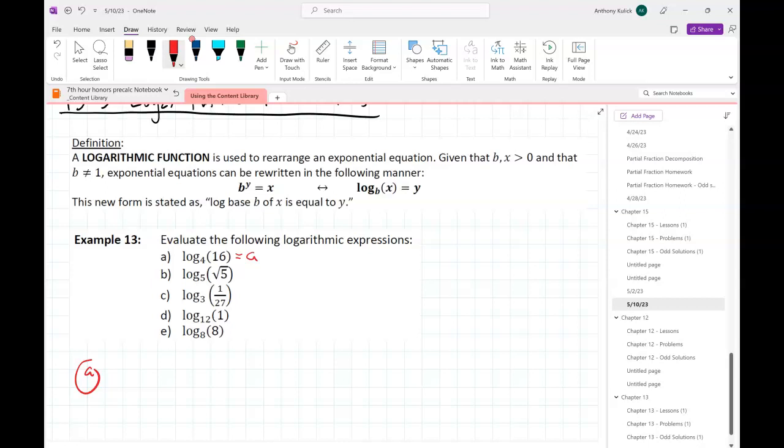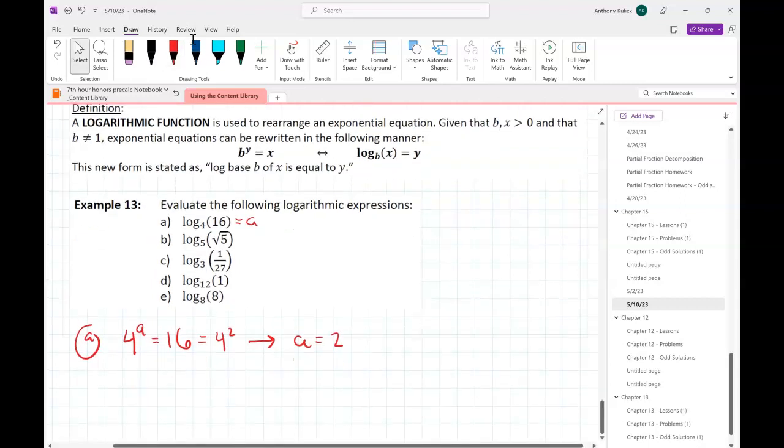So if I use the definition of a logarithm, I can say 4 to the a is equal to 16. And I recognize 16 is just 4 squared. So clearly a just has to be 2. If the bases are the same, then the exponents have to be the same. Is that okay with everybody?